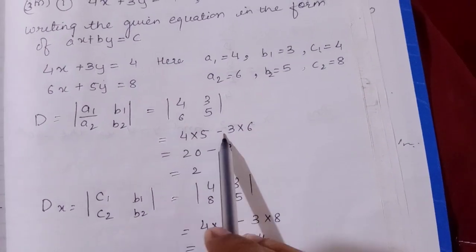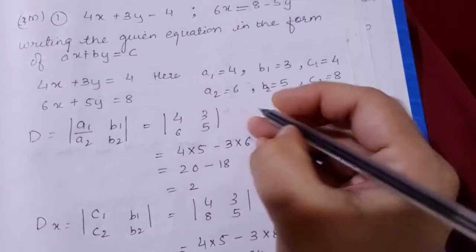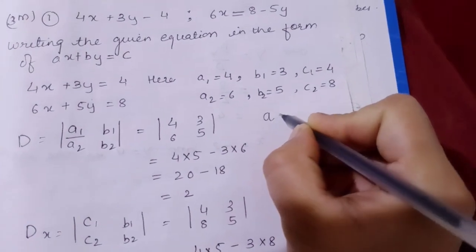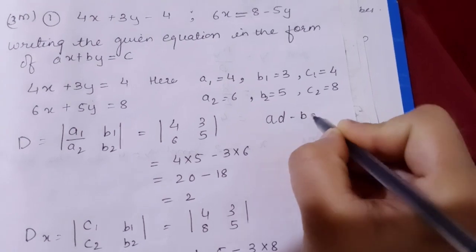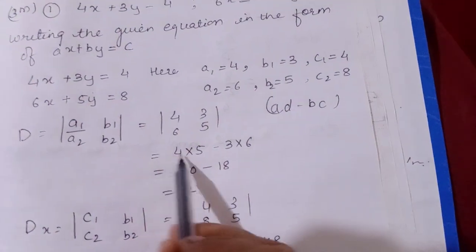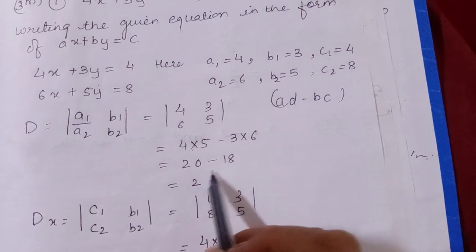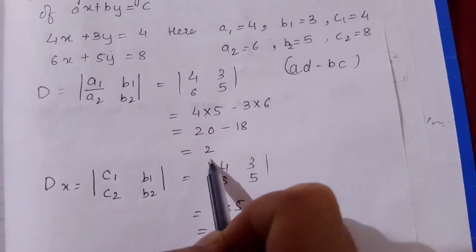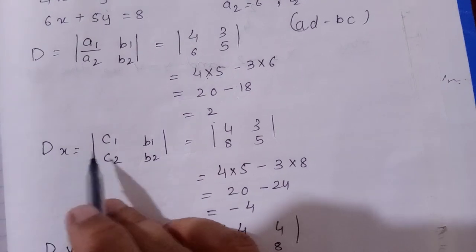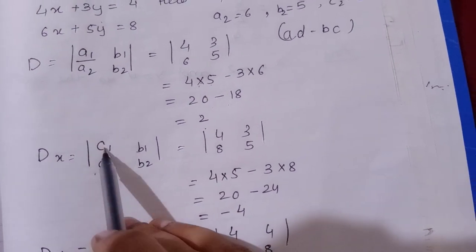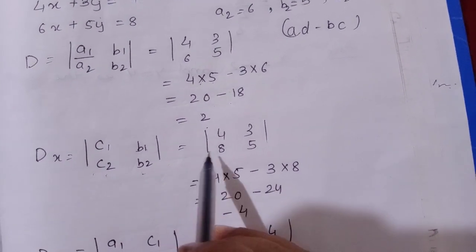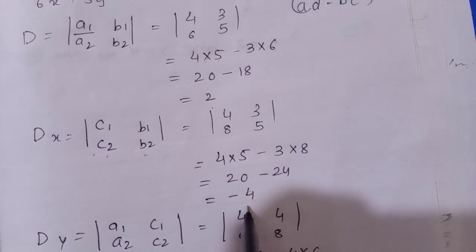Solving as per the formula AD minus BC, that is 4 into 5 minus 3 into 6, we get 20 minus 18 equal to 2. In the same way, Dx is determinant c1 c2 b1 b2, and after putting the values we get the answer minus 4.